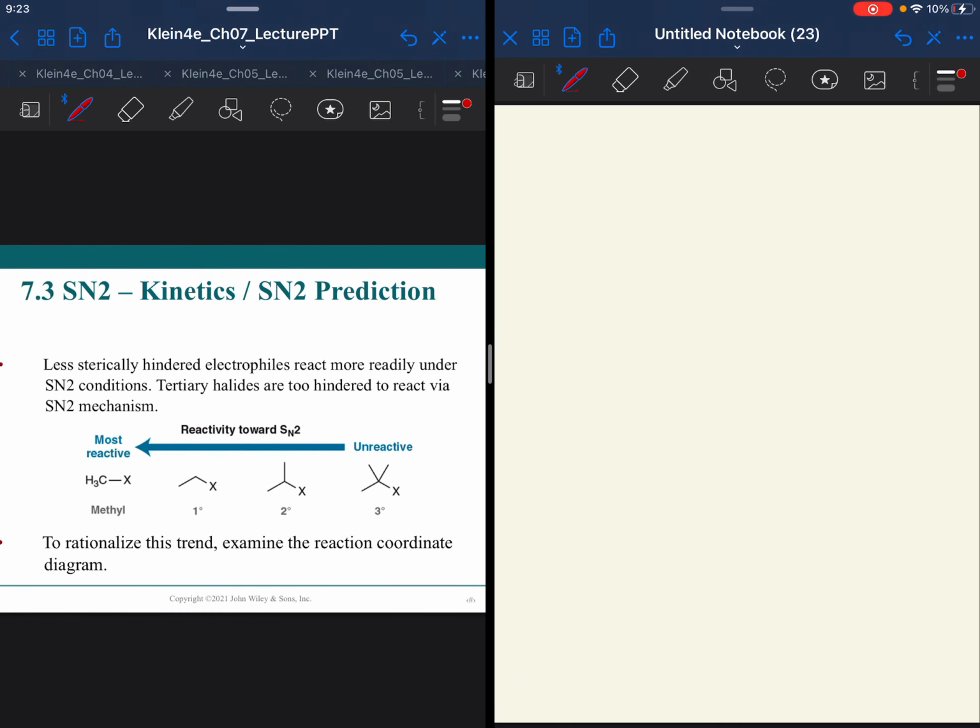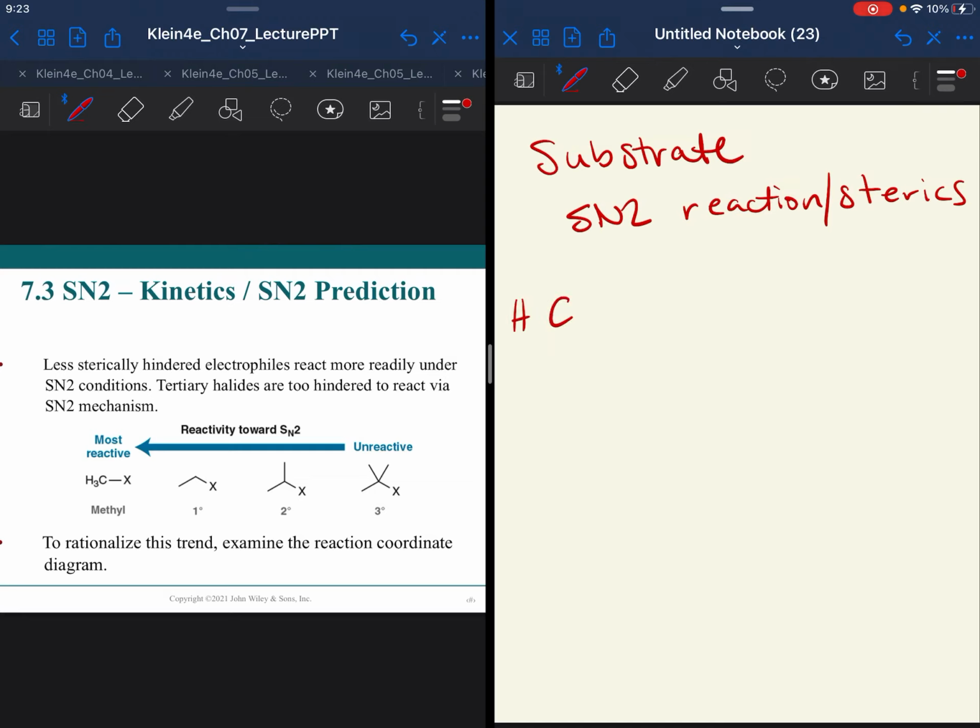The SN2 prediction. So we're still talking about the substrate, but what is going to make a good substrate for SN2? For an SN2 reaction, sterics are important. And so the less hindered the backside is for attack, the better.